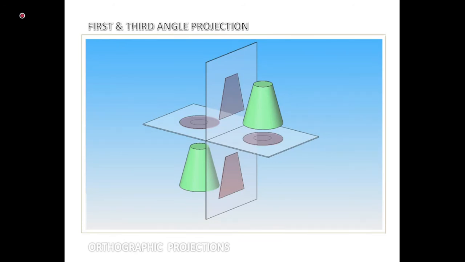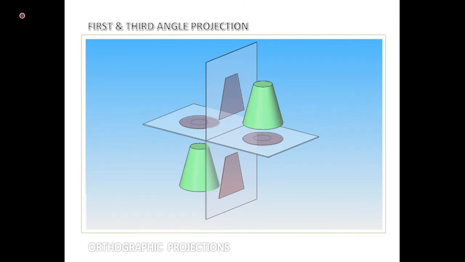Same thing here. If you are looking from the top, you are drawing the top view on the plane which is after the object. Whereas in the third quadrant, you are drawing the bottom view before the object itself. Imagine you are looking from the top.